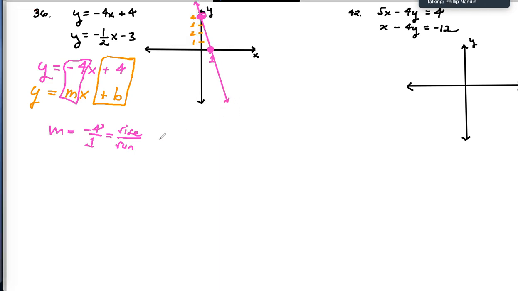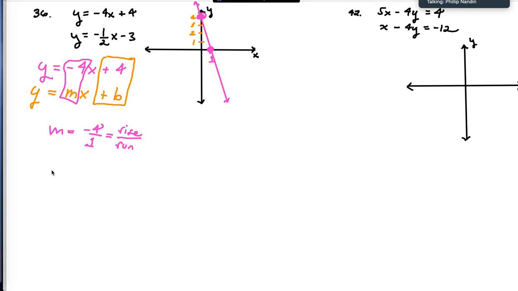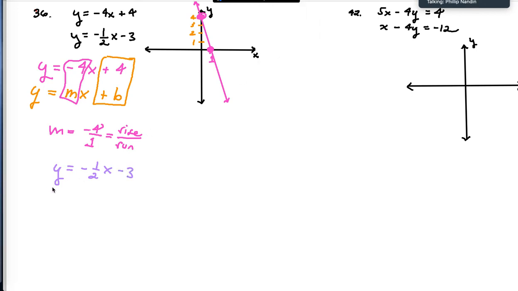I do the same exact procedure for my second equation. Again, the second equation is in the form y equals mx plus b. I have y equals negative 1 half x minus 3. So we should notice that this is indeed in the form y equals mx plus b.